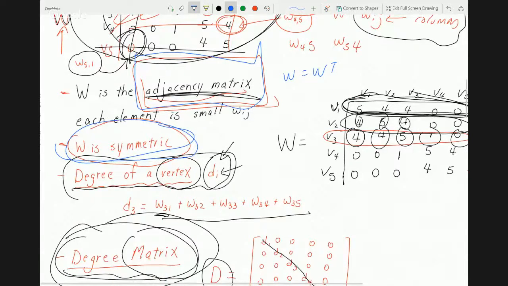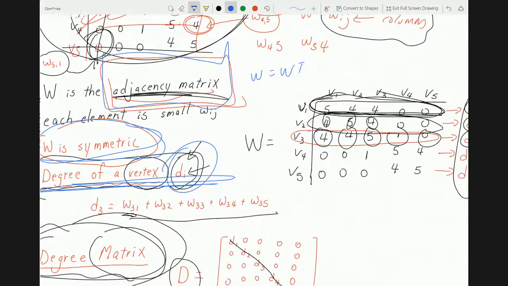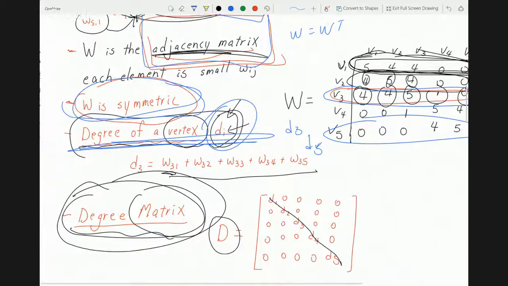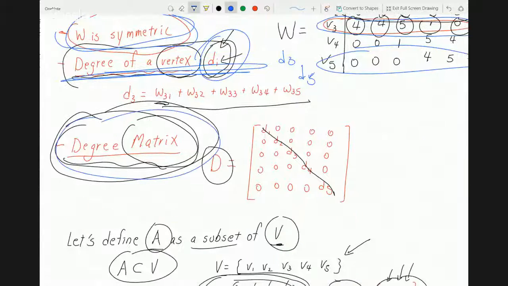And then we went over the degree of a vertex, di, which essentially D3 gives you the sum of the third row of the W matrix. D5 gives you the sum of the fifth row. Now, the degree matrix, on the other hand, is the diagonal of all the vertex degrees.